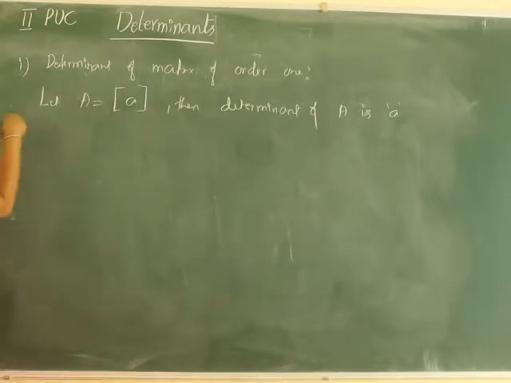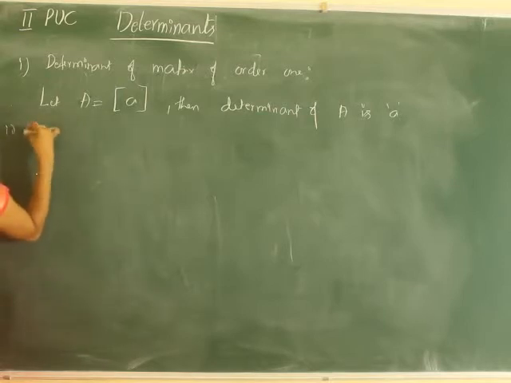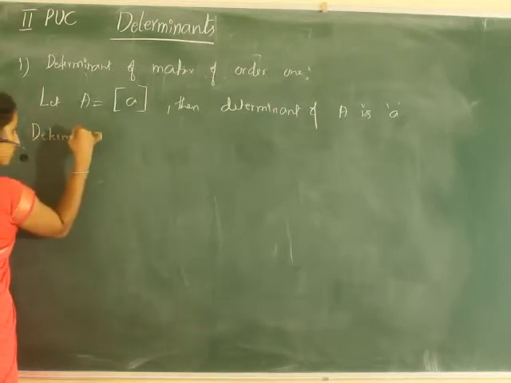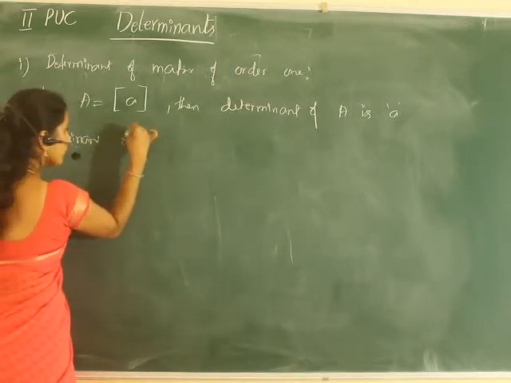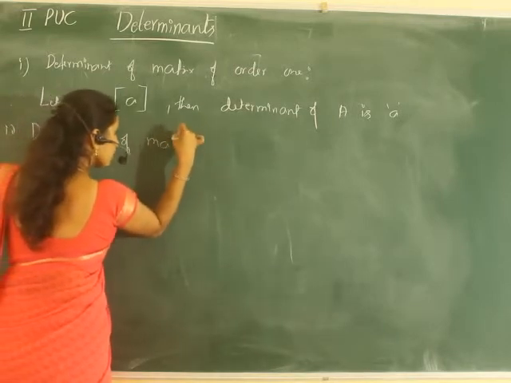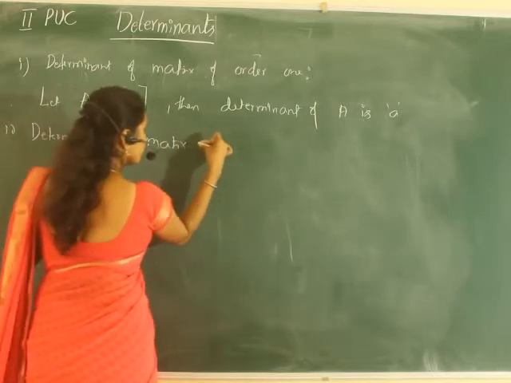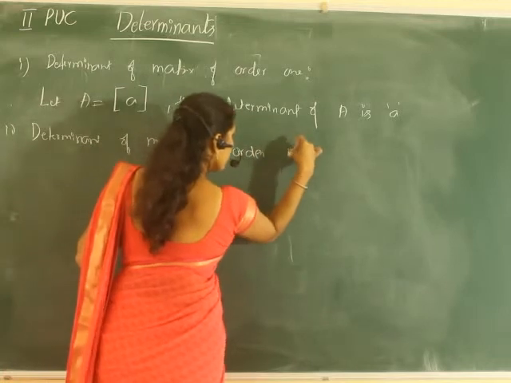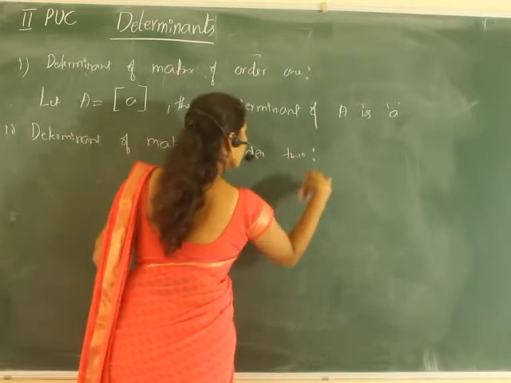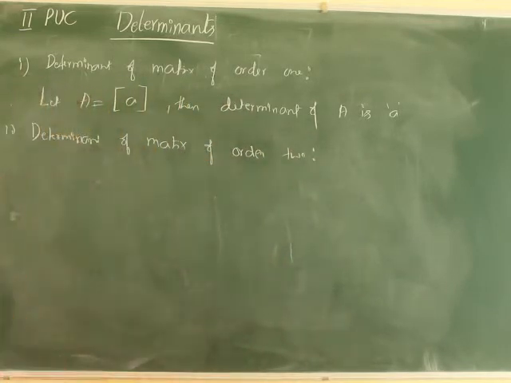Next, what is the determinant of a matrix of order 2?